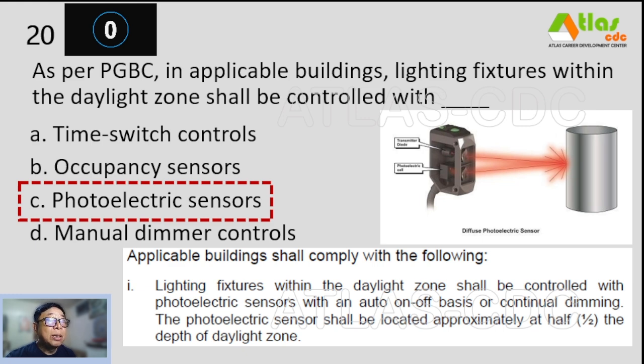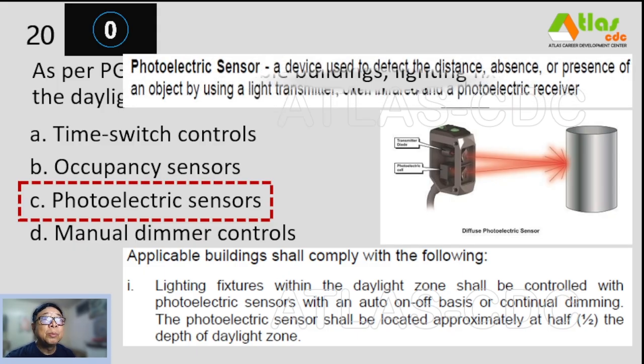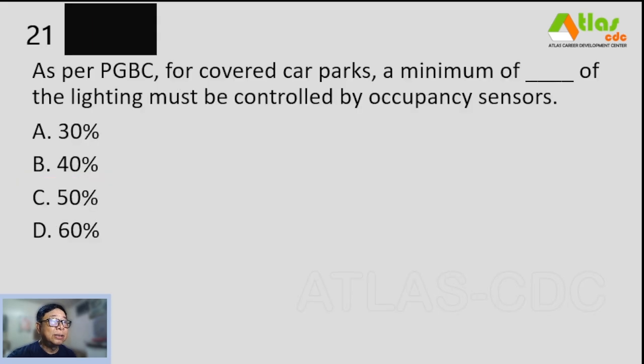The photoelectric sensor shall be located approximately at 1/2 the depth of the daylight zone. A photoelectric sensor is a device used to detect the distance, absence, or presence of an object by using a light transmitter, often infrared, and a photoelectric receiver.